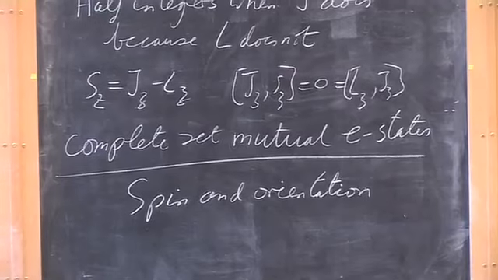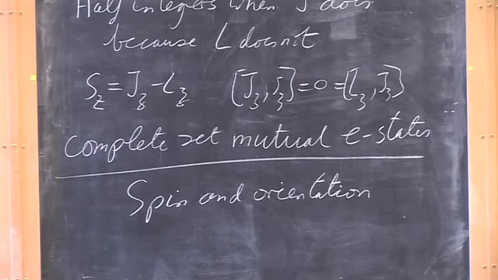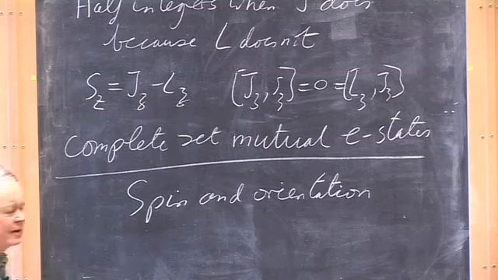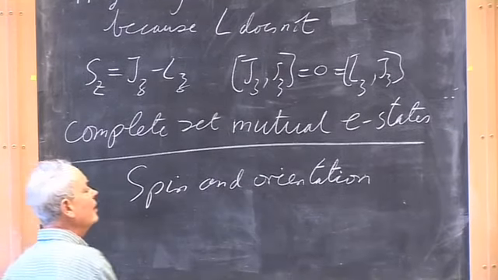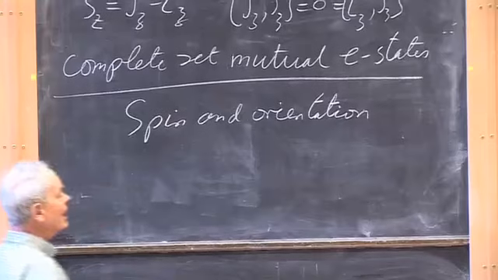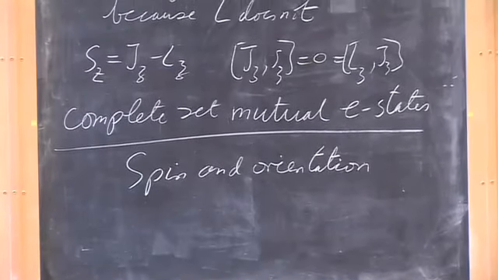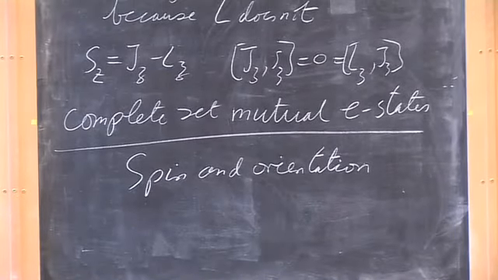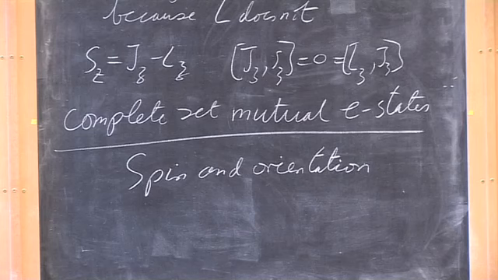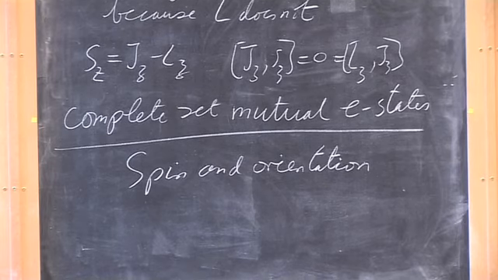And I think I've claimed a few times that spin is something to do with the orientation of our system, and now is time to make good this claim, that the eigenvalues of the spin operator, or your response to the spin operators, encodes how a particle is oriented. And this is a strange area, a very quantum mechanical area.